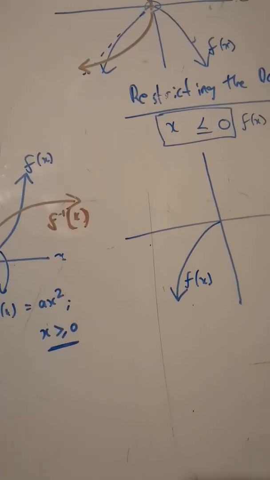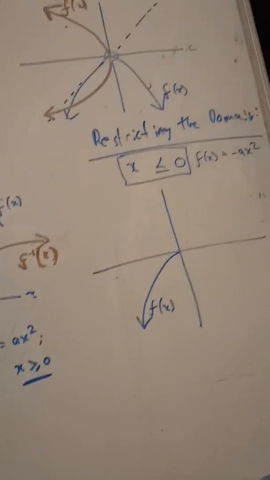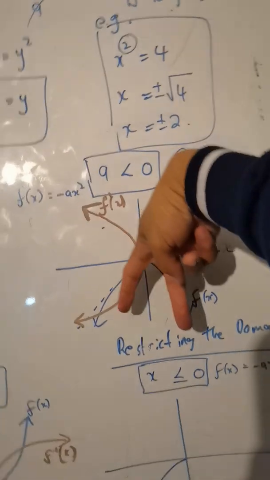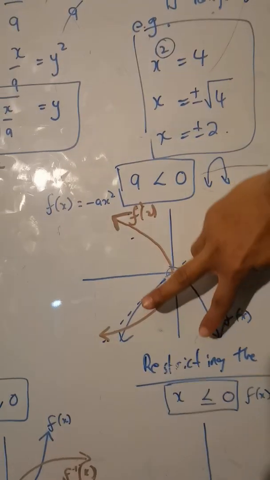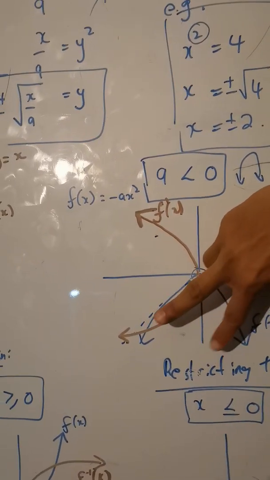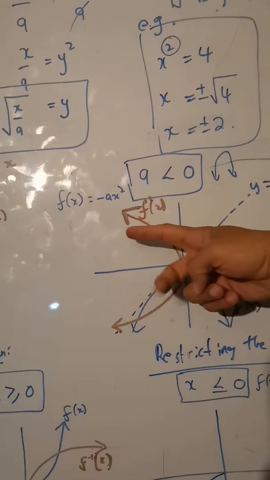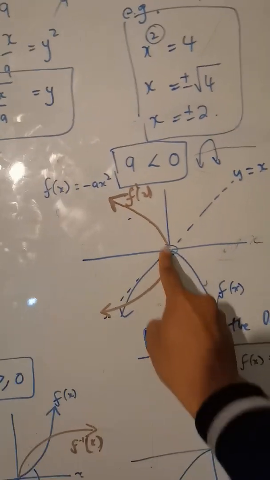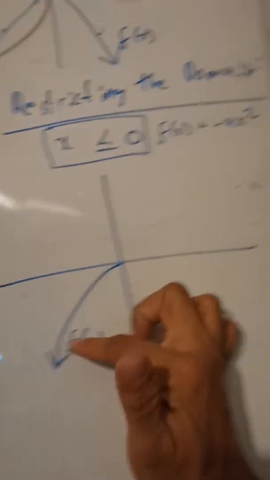So how do we draw the inverse? Follow my fingers. This is the graph of the parabola. Look at my middle finger over here and we flip it around. There's my middle finger. So this arm over here is the inverse of this arm.